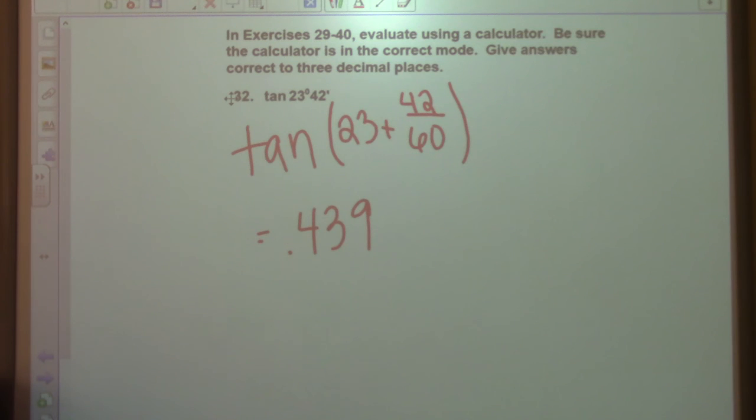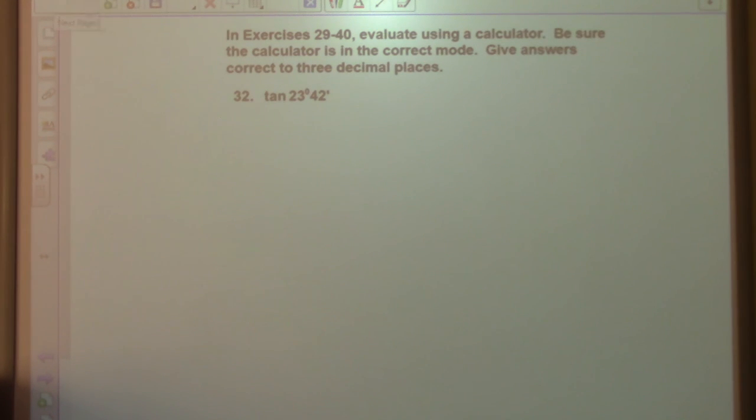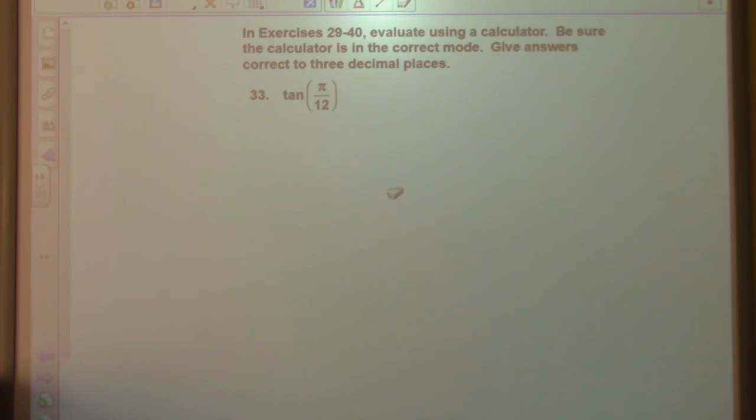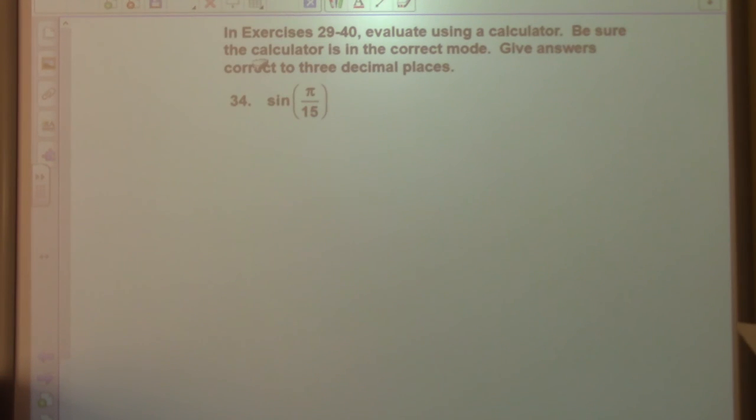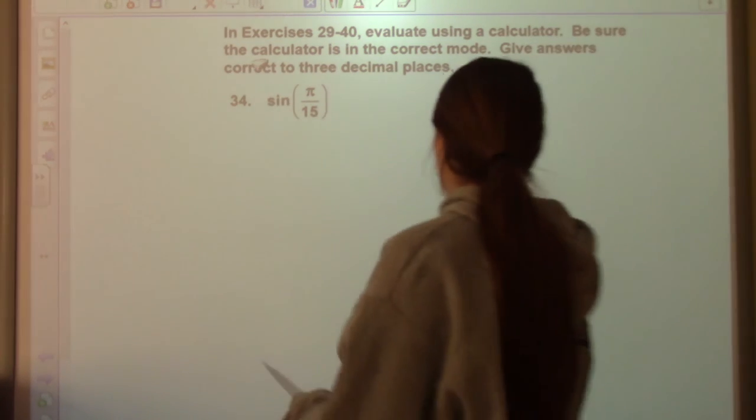Okay, the next one we want to have is KJ. Trying to keep track of everybody. Switch it to radian. Oh, we already did this one. I'll do 30. Today's go 34? Yeah, she's gonna do 34.